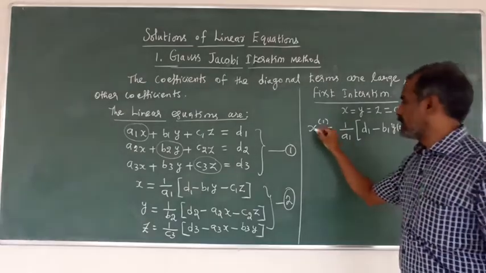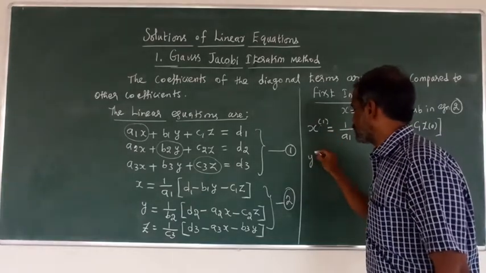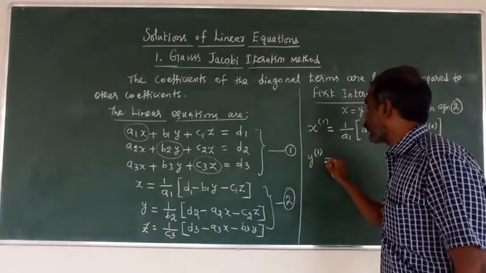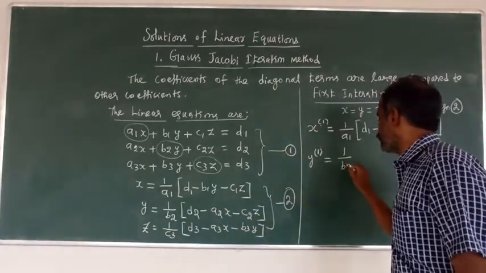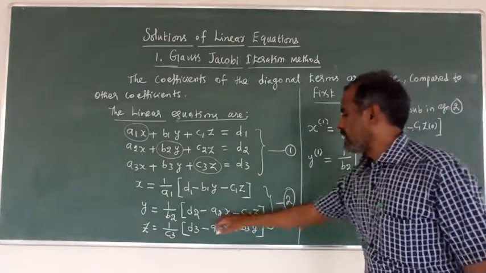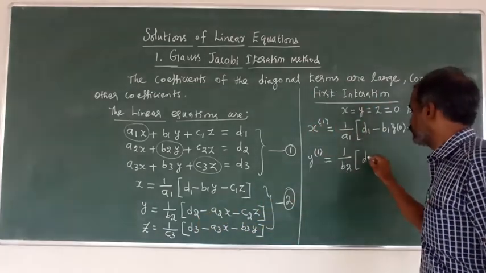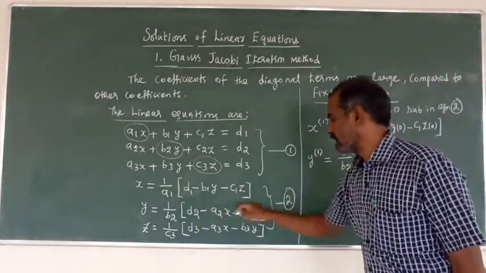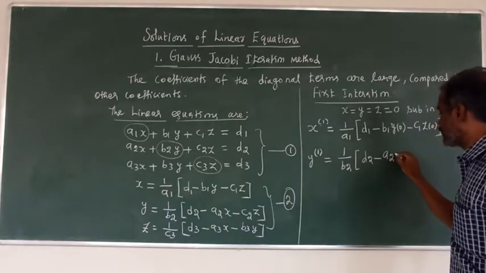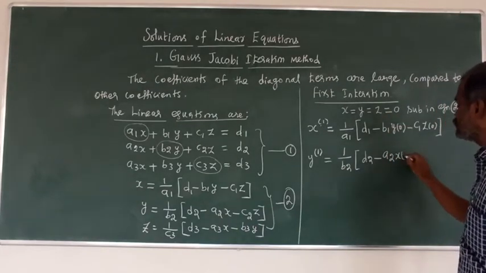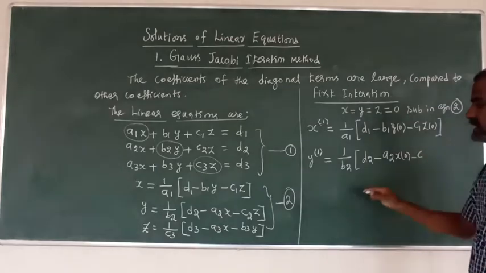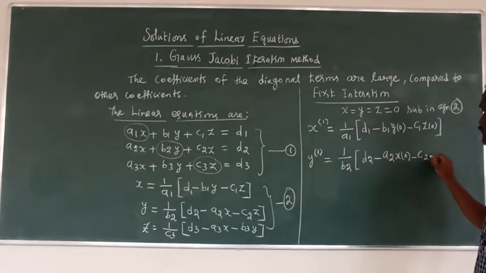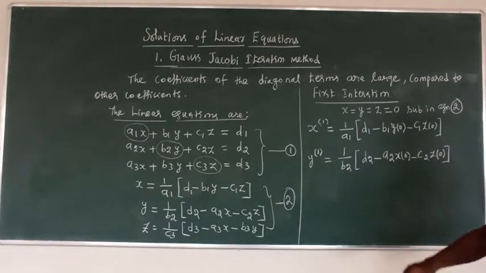Okay. Next, the first iteration of y1: 1 divided by b2, within bracket d2 minus a2 times the x value 0, minus c2 times the z value 0.